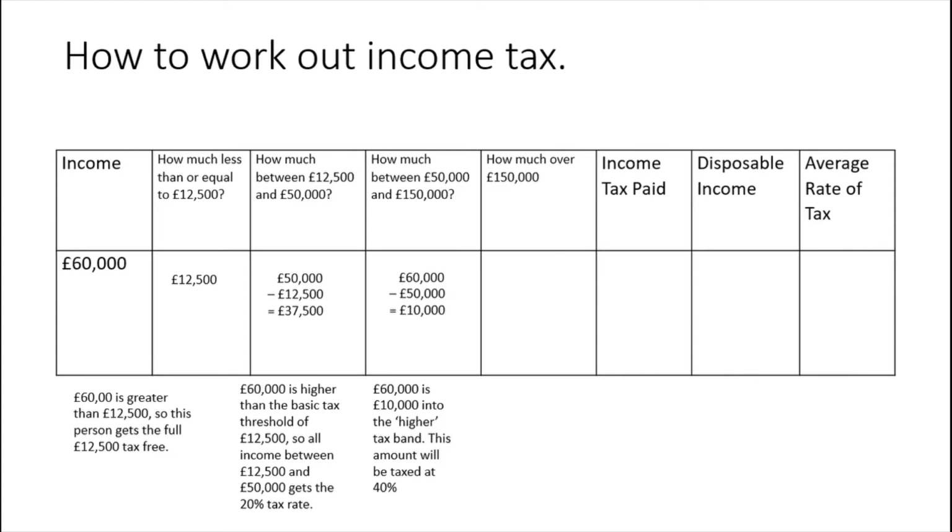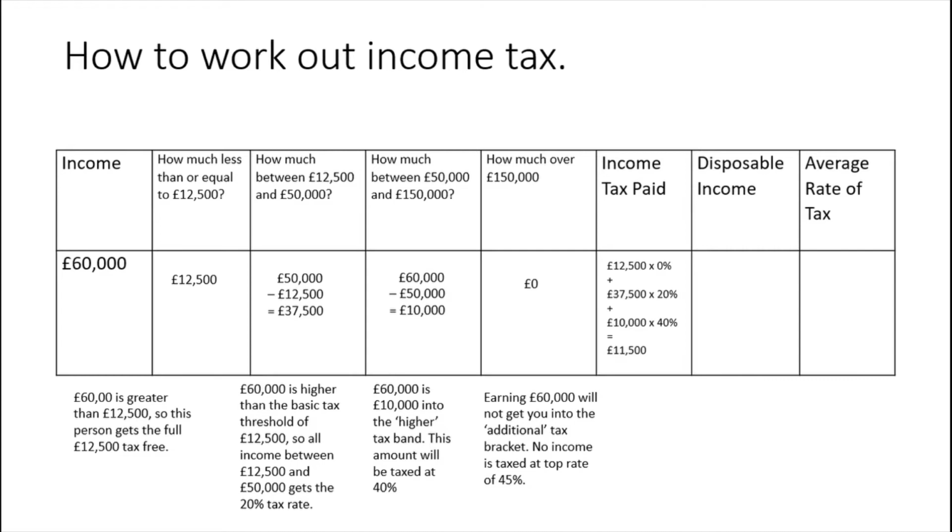And of course, because £60,000 is less than £150,000, this person would pay no tax at the additional rate of 45%. So to work out the income tax paid, the personal allowance is tax-free, so £12,500 at 0%. The next bracket, £37,500, is taxed at 20%.